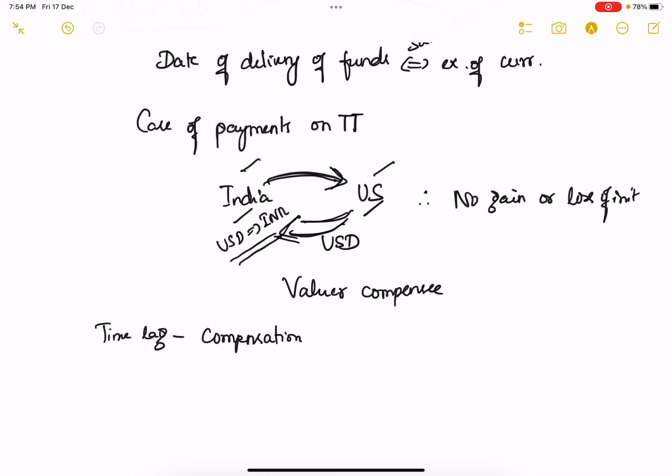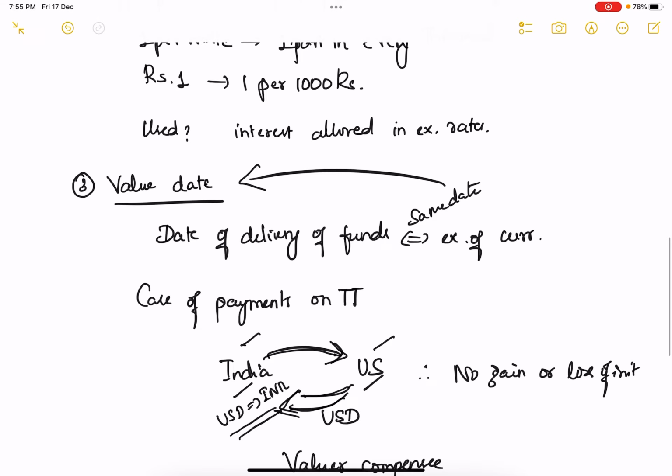So if I export goods, I in turn will have to provide some funds to US, and if there is some time lag in providing funds to US, then obviously as an Indian I will have to pay compensation to US, that is, I will have to pay compensation out of my own pocket. So therefore the normal mode of compensation is the interest recovered or paid separately. So value date is nothing but the date of settlement of funds.